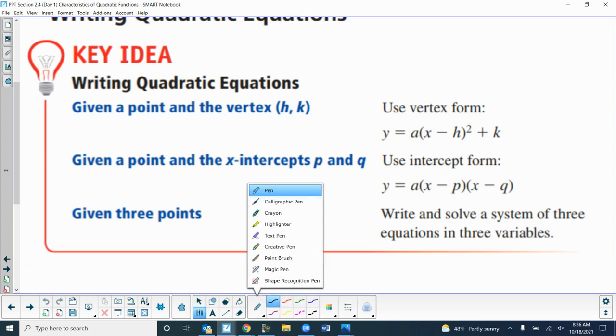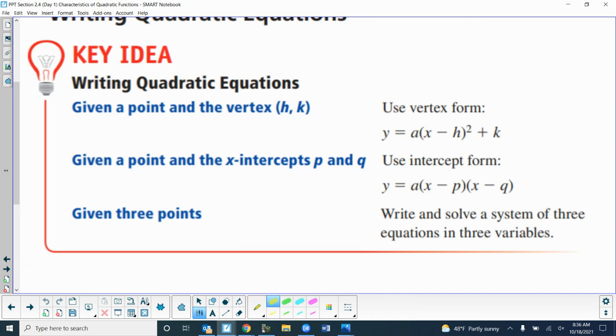If it's in vertex form, this h value and this k value, that's the vertex. Okay? And it was basically the opposite of that, right? What makes that 0? Right, so if it was an x minus 2, the x value of the vertex is positive 2.